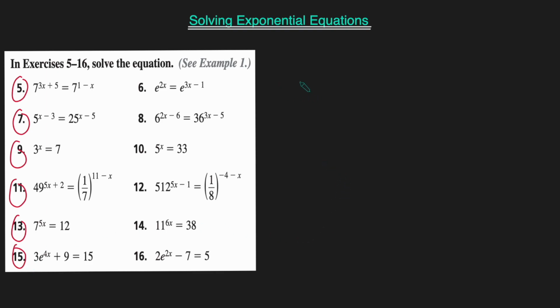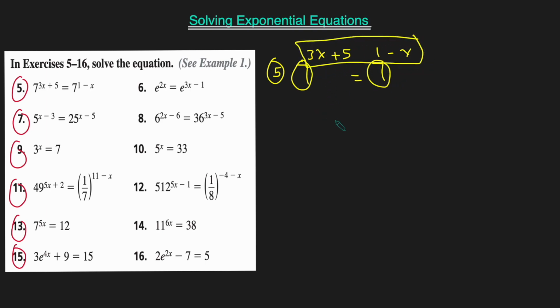Let's get started. Number 5, it says 3 to the x plus 5 equals 7 to the 1 minus x. The bases are the same, so the tops will be equal. 3x plus 5 equals 1 minus x, and now I solve this equation.